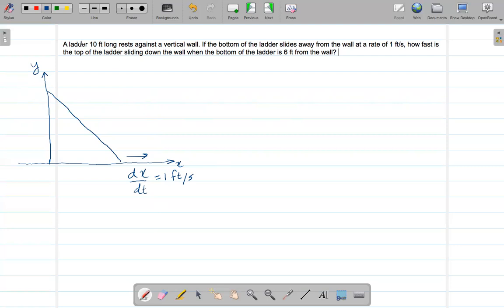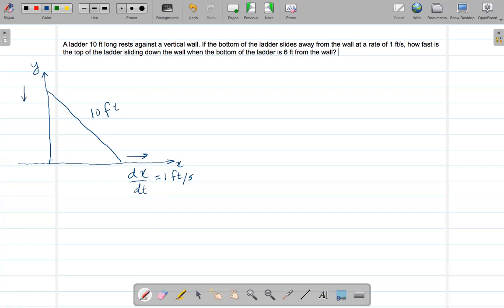Here we also have one more piece of information. It says the ladder is 10 feet long, so this ladder is 10 feet. And how fast is the top of the ladder sliding down? The top of the ladder is this one. So how fast is this going down?